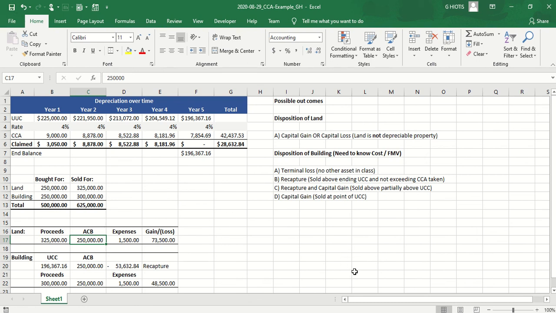Keep in mind, in possible outcomes for disposition of land, you can either have a capital gain or a capital loss.